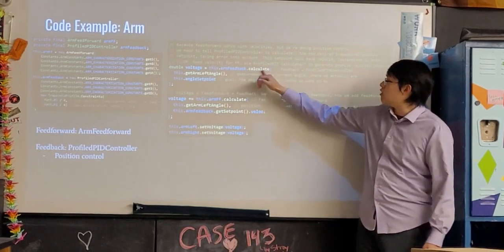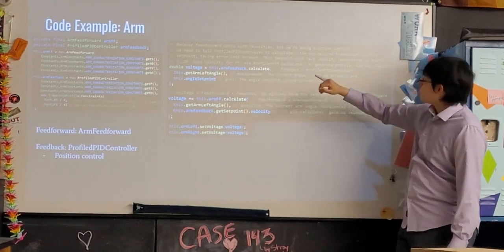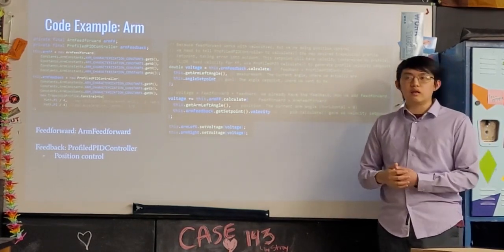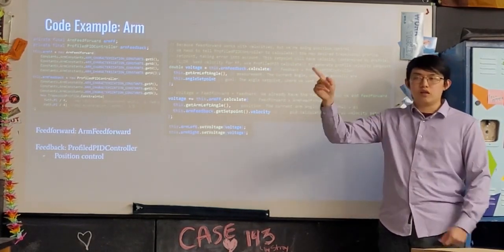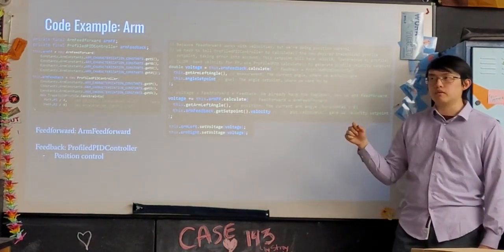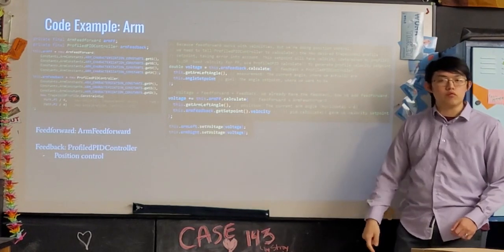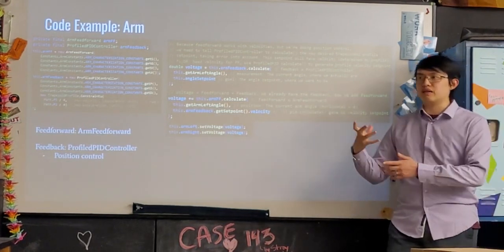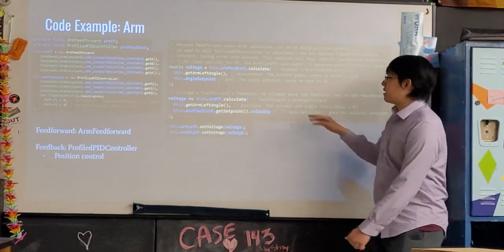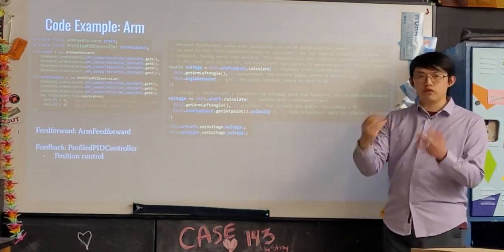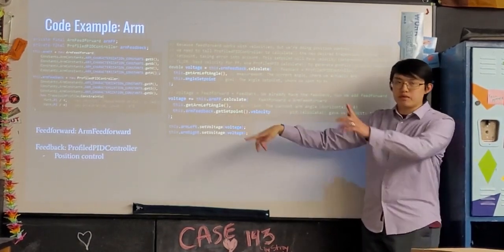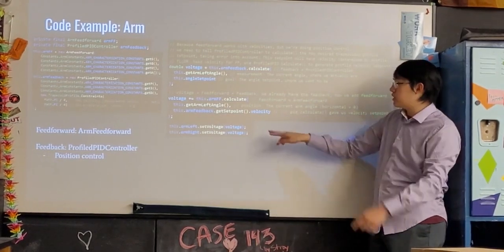But when you call calculate here, it will update internally the next velocity setpoint that you want to get to. It will then internally set the next velocity that you want to reach, and you can access that next velocity goal by calling the getSetpoint method, setpoint being where you want to reach, dot velocity.